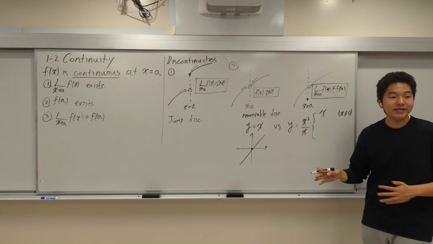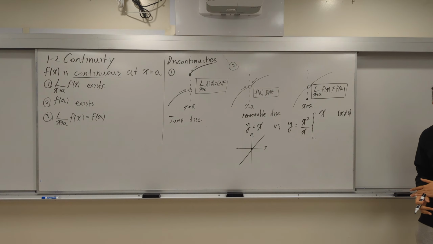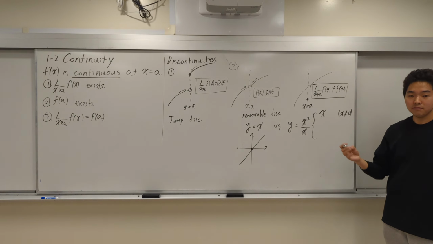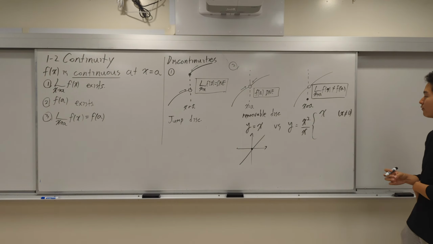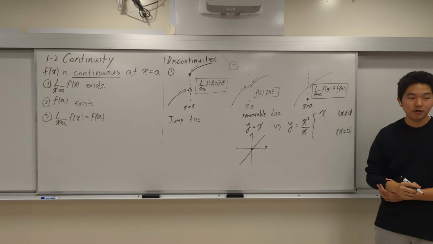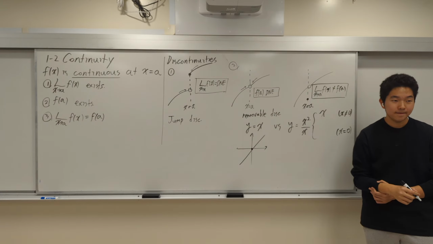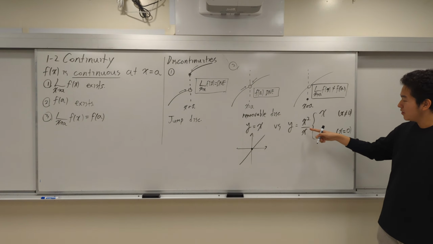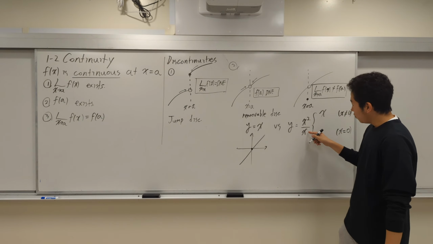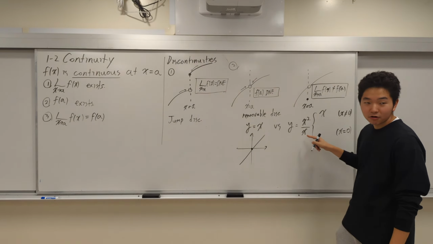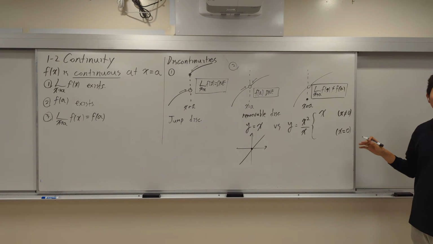What does canceling out mean? We divide both sides by the same thing. We divide both sides by x. If x is not 0, then sure, we can divide it whatever way we want. But if x equals 0, can we divide by 0? No. That means we can't cancel it out. And the denominator is 0, so we're not taking a limit here, we're literally plugging in 0.